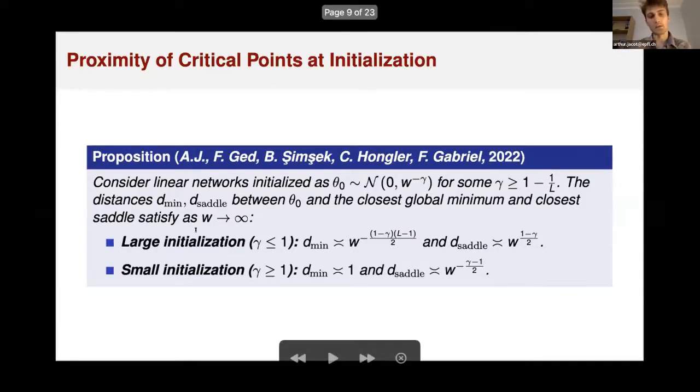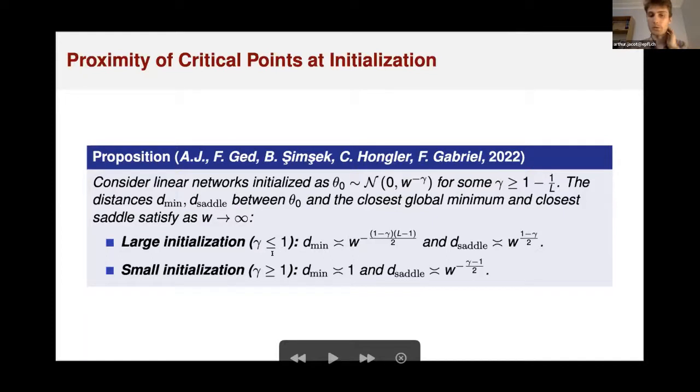On the other hand, if you take a small initialization, you initialize on this flat region in the middle. And what you see here is that the distance to the closest global minimum remains roughly constant as the width grows. So you don't get closer or further away from the global minimum. However, you initialize closer and closer as the width grows to a saddle, because here you see this negative exponent of the width. And maybe just to mention here, some people have talked about the mean field regime.